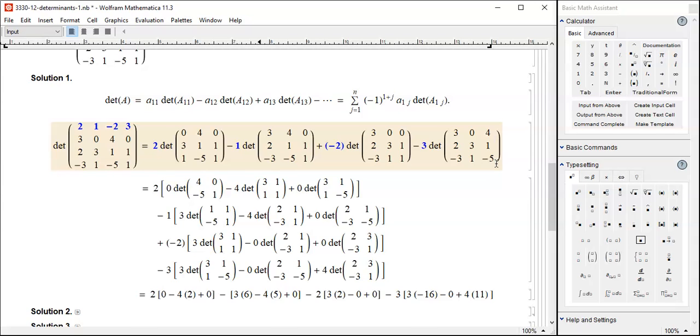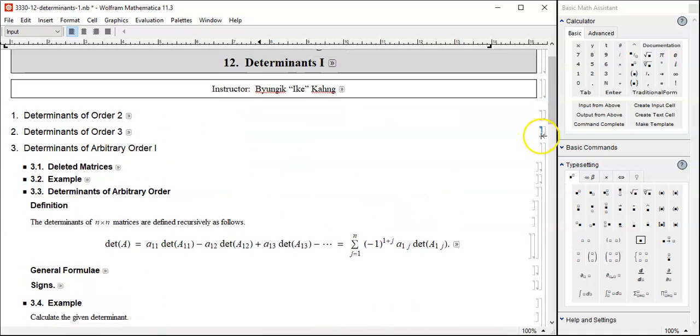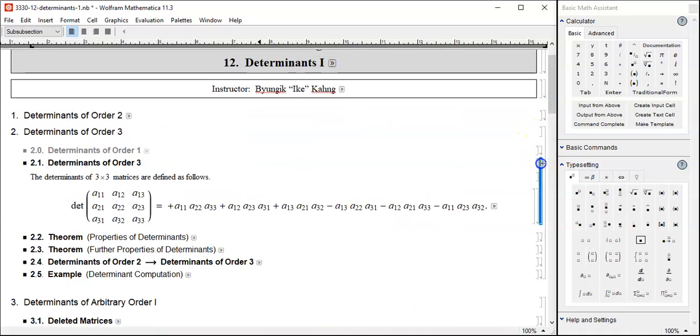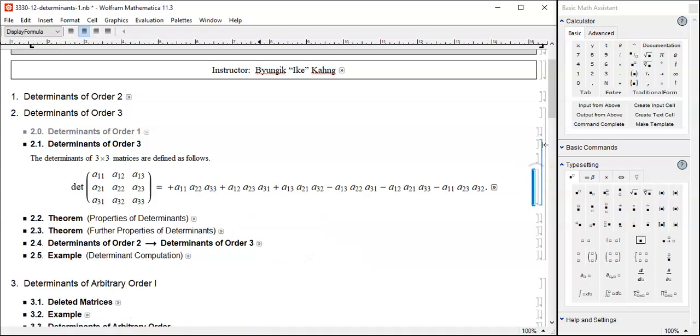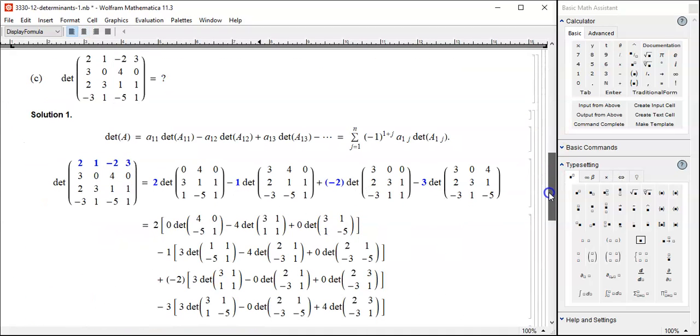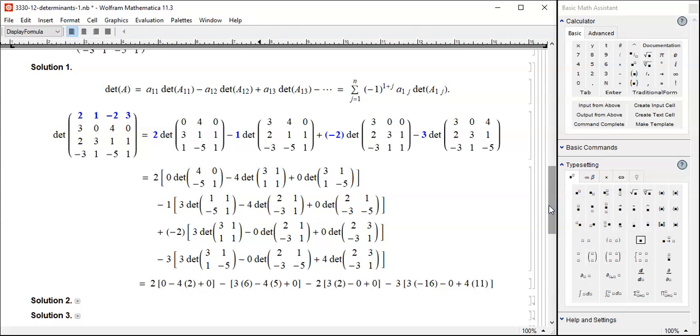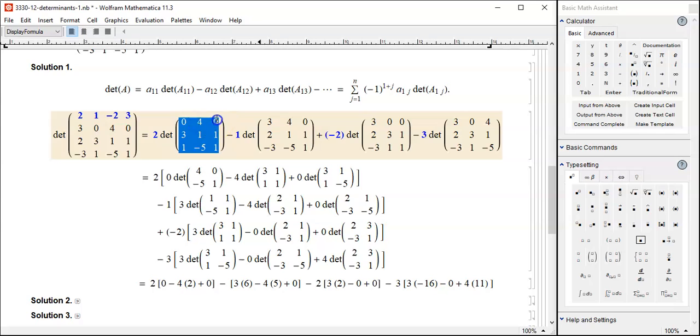Well, in this notebook, I used further reduction. If you don't want to use reduction, if you want to go ahead with the direct computation for determinants of order 3, this method over here, you'll have to do this 4 times, but yes, it'll work out okay. That computation is left to the students. And then here, I'll just go with the first row: 0, 4, 0.